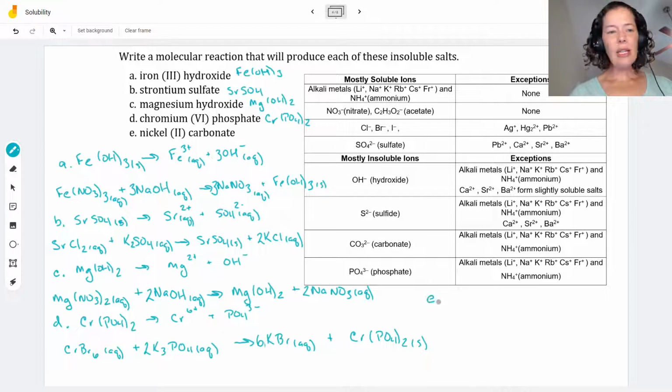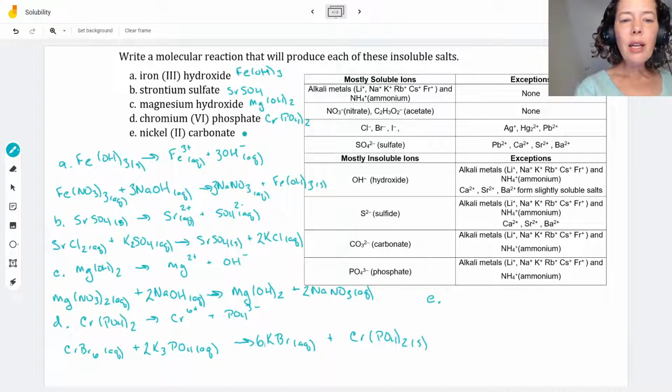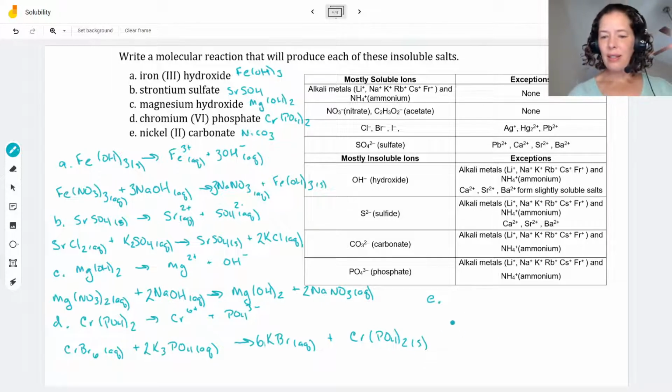Let's do part E. So I have nickel(II) carbonate, which is just going to be NiCO3. That's getting a little bit crunched. Okay, so nickel carbonate means that I need to have something soluble with my nickel(II) cation and my carbonate anion.